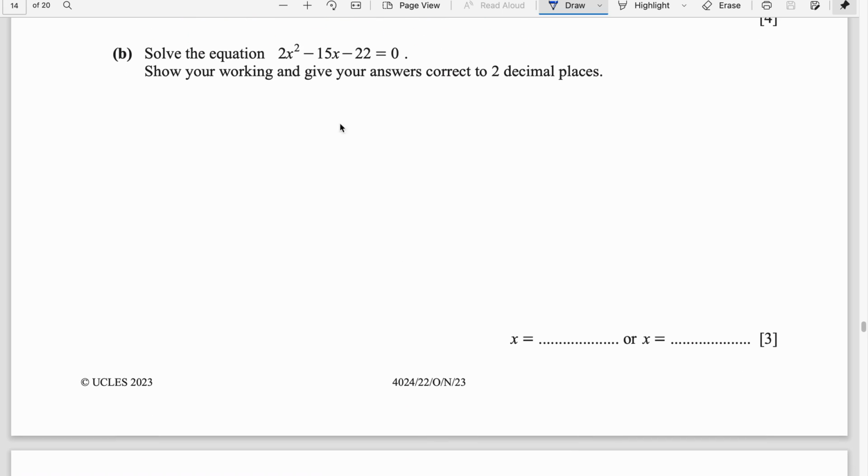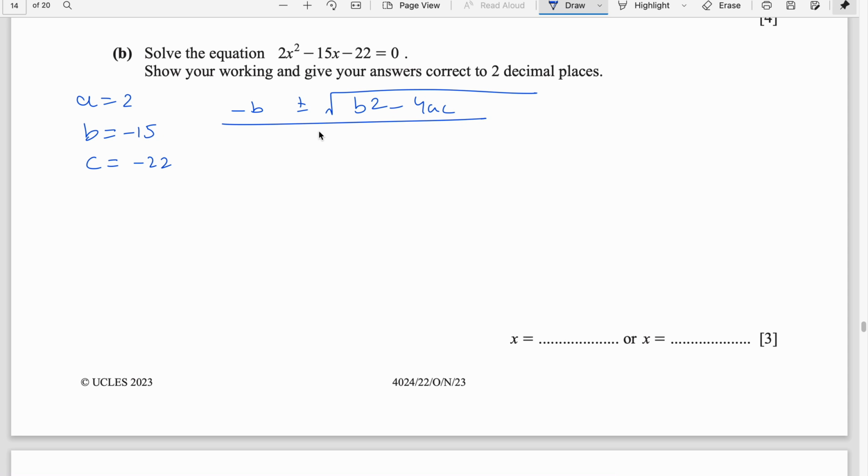Solve the equation up to 2 decimal places. So a is equal to 2, b is equal to minus 15, c is equal to minus 22. Minus b plus or minus square root of b squared minus 4ac, over 2a. Plug in the values.